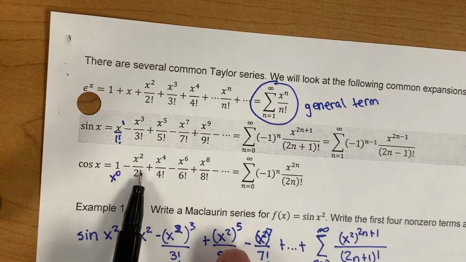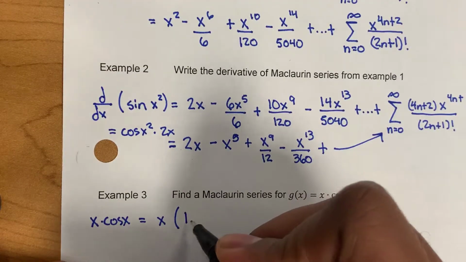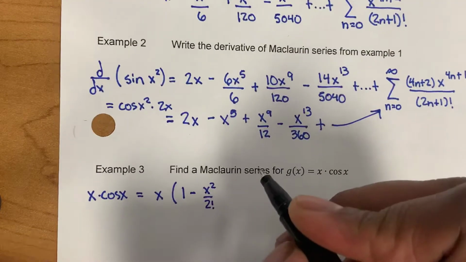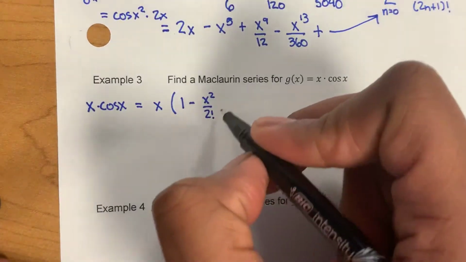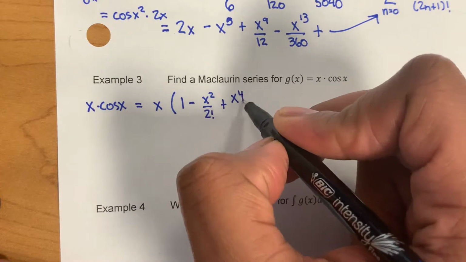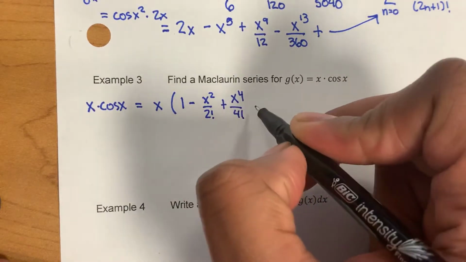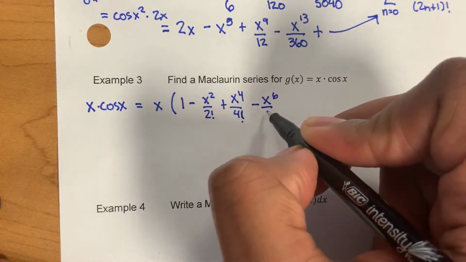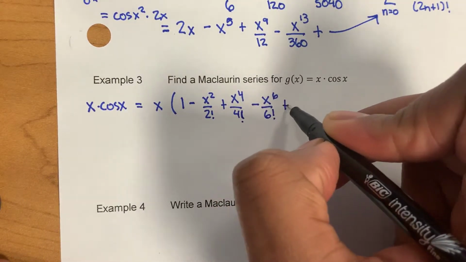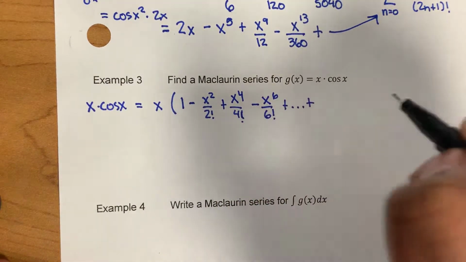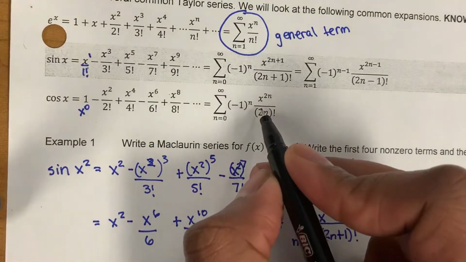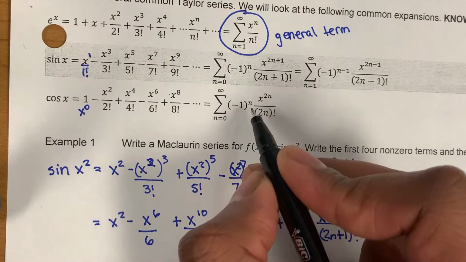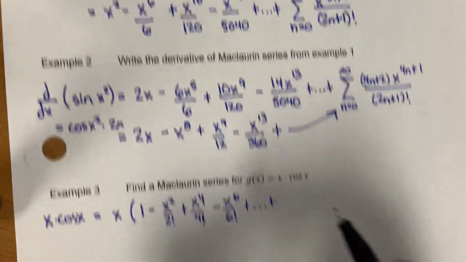we're going to, again, write out this expansion. So 1 minus x squared over 2 factorial plus x to the 4th over 4 factorial minus x to the 6th over 6 factorial plus dot, dot, dot, plus. Now, again, the general term for cosine is negative 1 to the n times x to the 2n over 2n factorial.